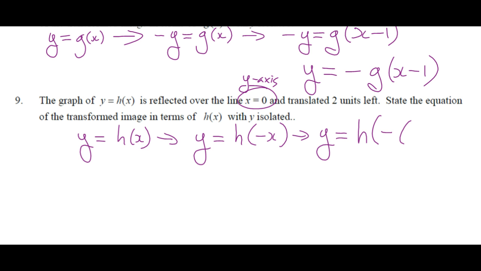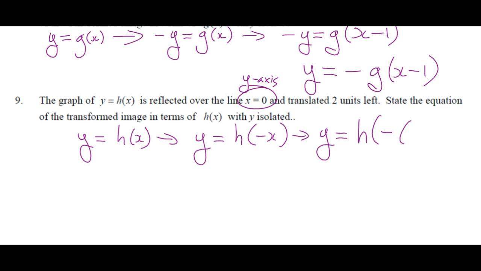Okay, so I've taken you to that key moment. So we are reflecting in the y-axis, right? So everywhere I see x, I'm going to replace it with negative x. Now, key moment. I want to move 2 units left.